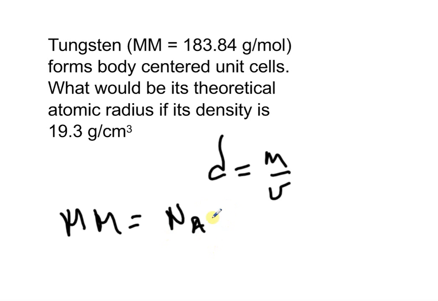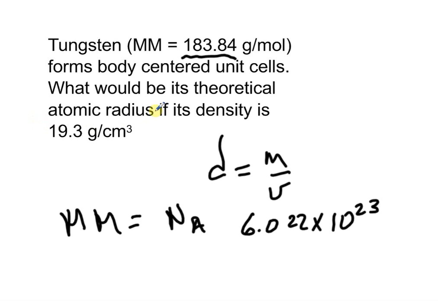So we know that Avogadro's number is 6.022 times 10 to the 23, and this would be expressed in grams. So if I am talking about 183.84 grams, this means that 6.022 times 10 to the 23 atoms of tungsten weigh 183 grams, right?